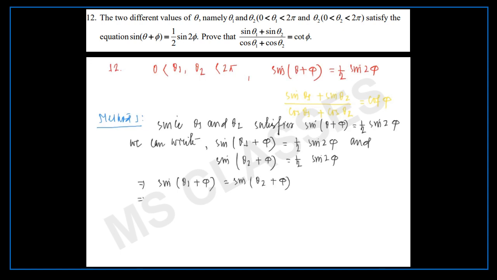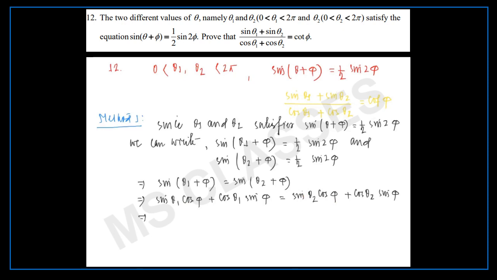Now, if we know the sin(A + B) formula, we can split it as sin A cos B + cos A sin B. After that, we can simplify this. Here we have cos phi, and here also we have cos phi, so we can take cos phi common. Why are we trying to take cos phi common? Because ultimately we have to bring cot phi.